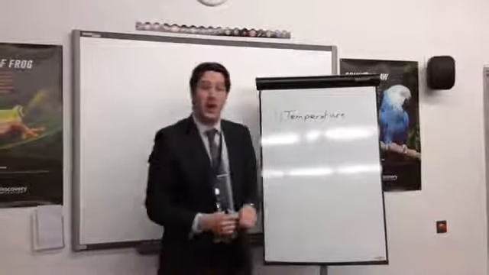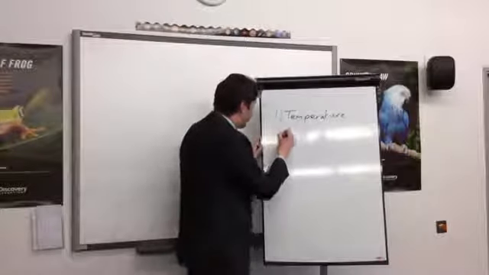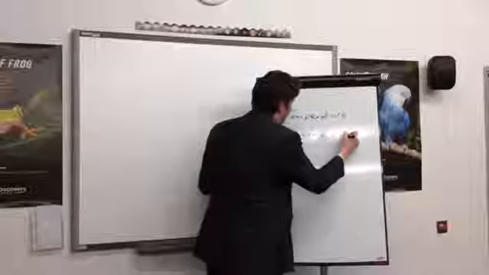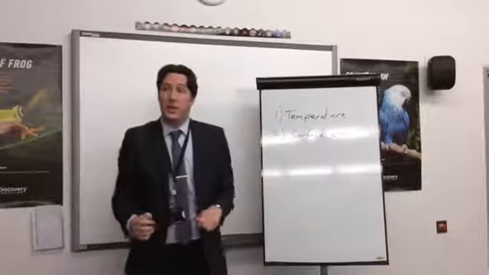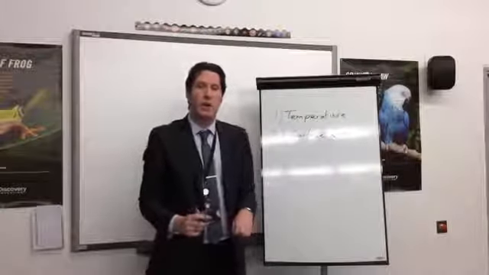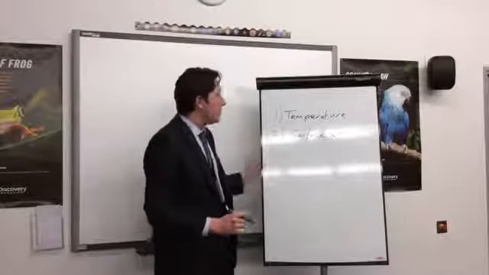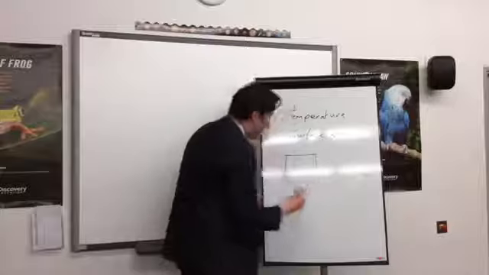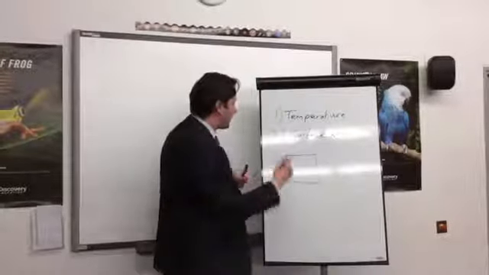If we increase the surface area, going back to number 2, we're increasing the amount of surface available for the reaction to happen. So if we increase the surface area, it's like if we got a cube, particles can only react with the outside of them.